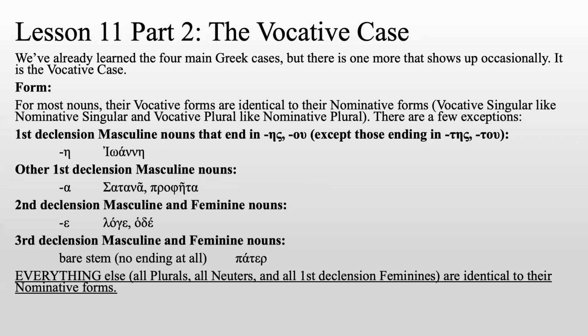You'll notice there's no neuters in that list. So all of the neuters are like the nominatives. All the first declension feminines are just like the nominatives, and all of the plurals are just like the nominative plurals. These are the only four exceptions right here.